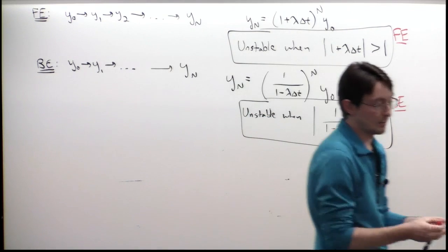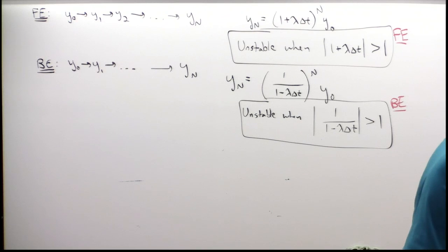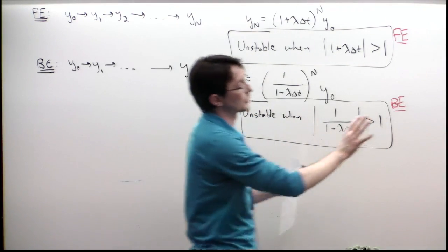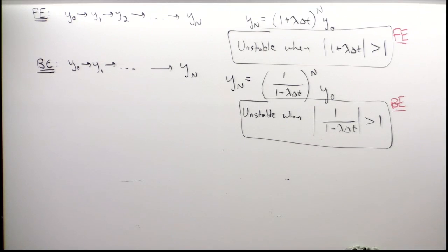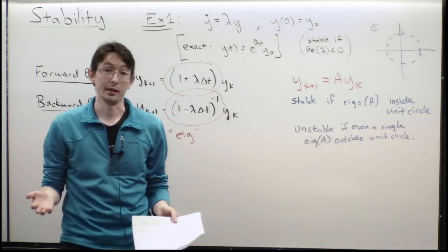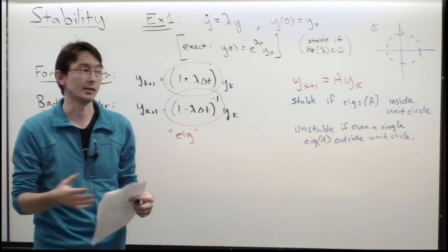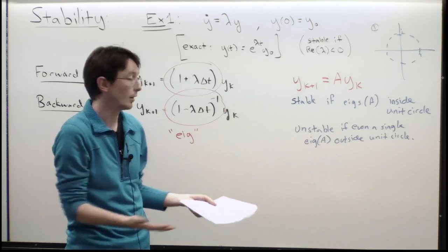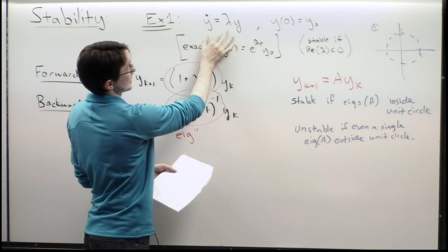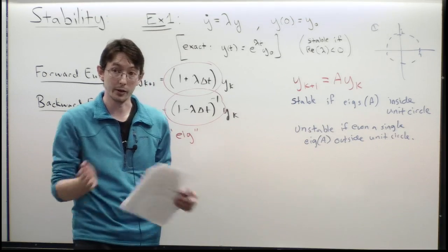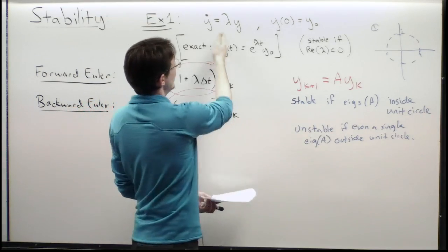So let's look at what this means in the complex plane. Remember the stability of our true differential equation on this right board here, y dot equals lambda y, only depends on lambda. For the true system, think of this as an asteroid or some particle that's doing something. If the real part of lambda is negative, this will be stable.